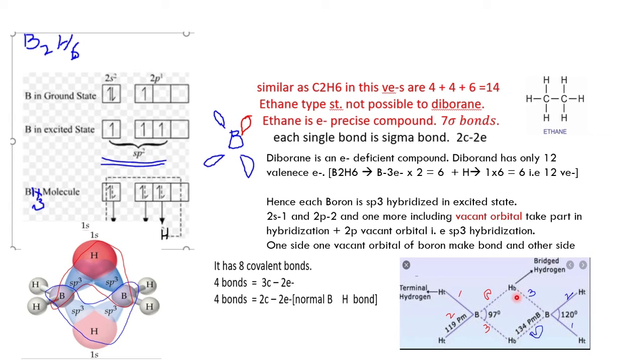So each boron will be having one vacant orbital. This hydrogen overlaps everything together: this is the usual sharing electron, and this is the vacant orbital.